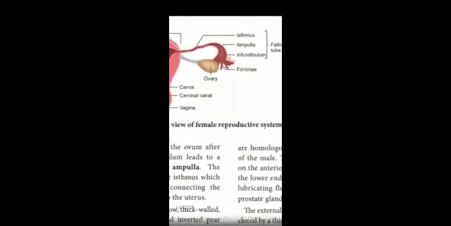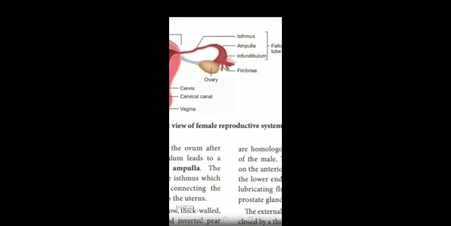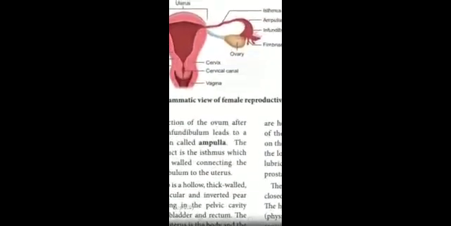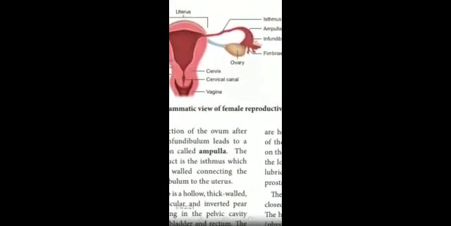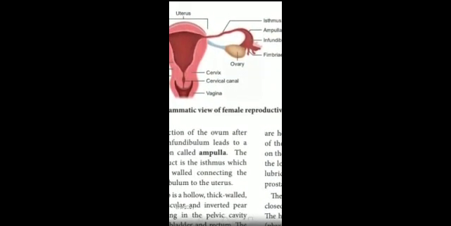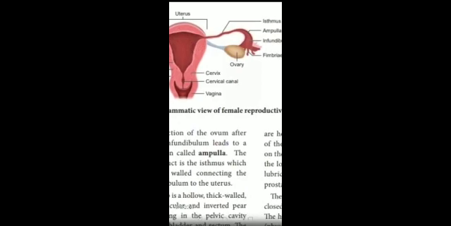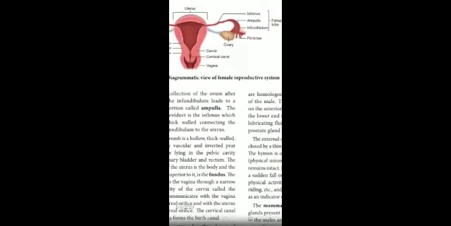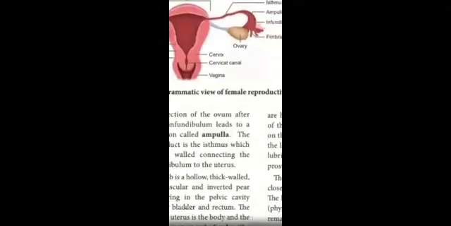Here the fallopian tube extends from the periphery of each ovary to the uterus. The proximal part of the fallopian tube bears a funnel shape, called the infundibulum.